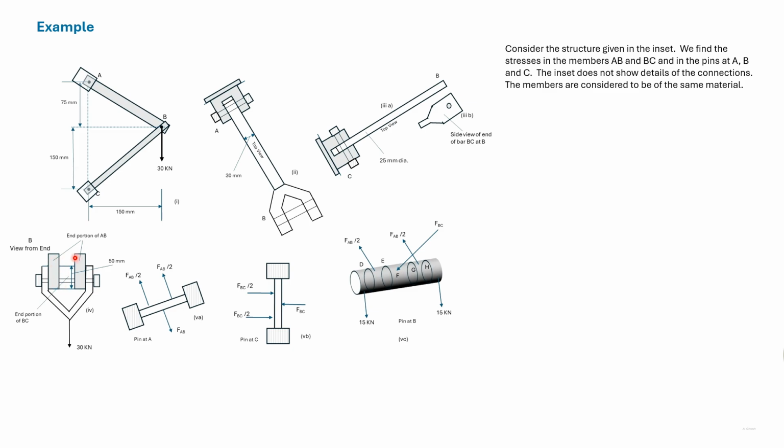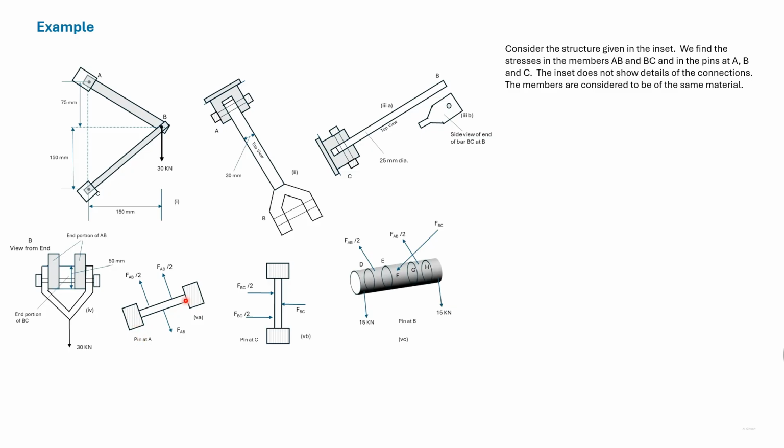The shaded portions are due to the forks of AB, and this part is due to the bracket through which a 30 kilonewton load is suspended. The pins are all 20 millimeter in diameter.